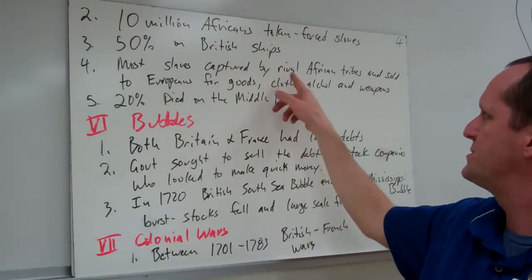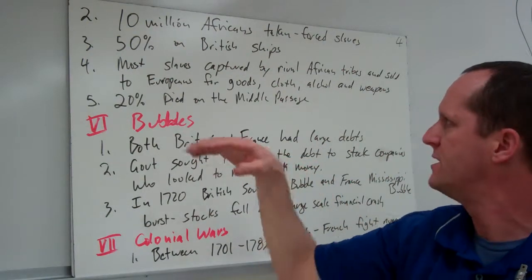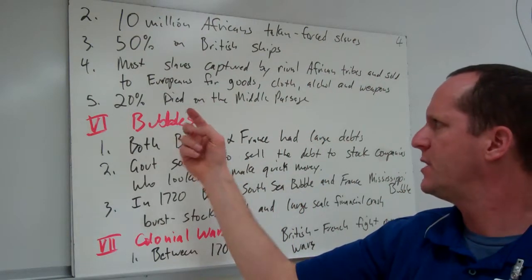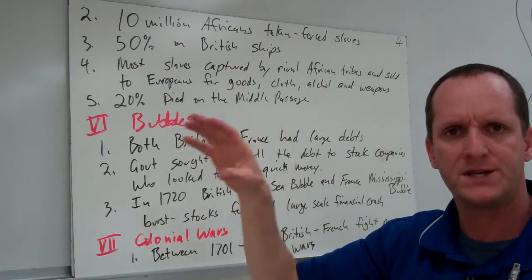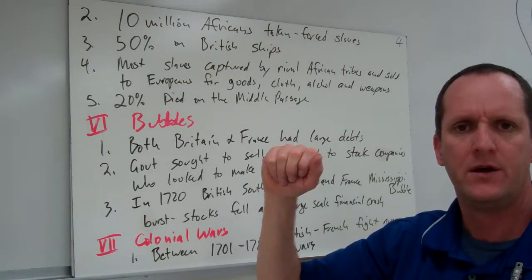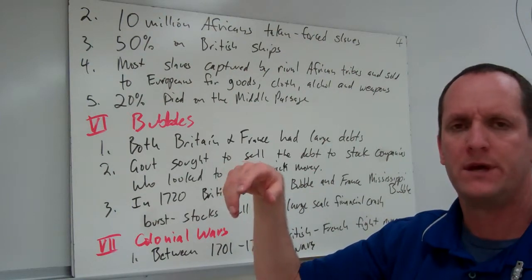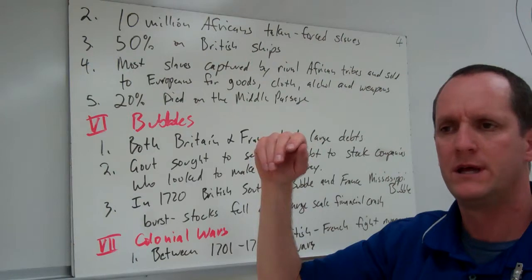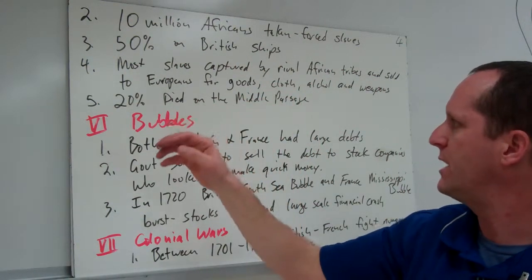Most slaves were captured by rival African tribes and sold to Europeans for goods such as cloth, alcohol, or weapons. 20% of the people that were forced into this Middle Passage between Africa and the New World died during this trip. It was horrendous conditions, almost unbearable, quite often unbearable, and something I don't even want to think about.